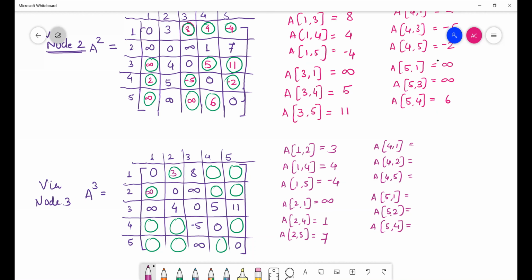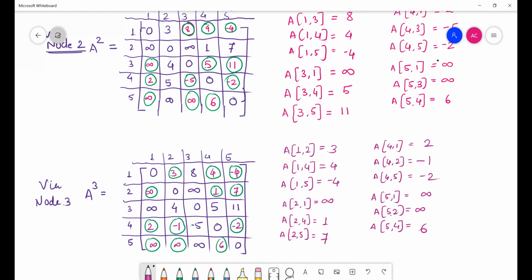Next, fourth row, 2, -1, 0, 1 and -2. Okay, correct. Next, infinite, infinite, infinite and 6. Correct.